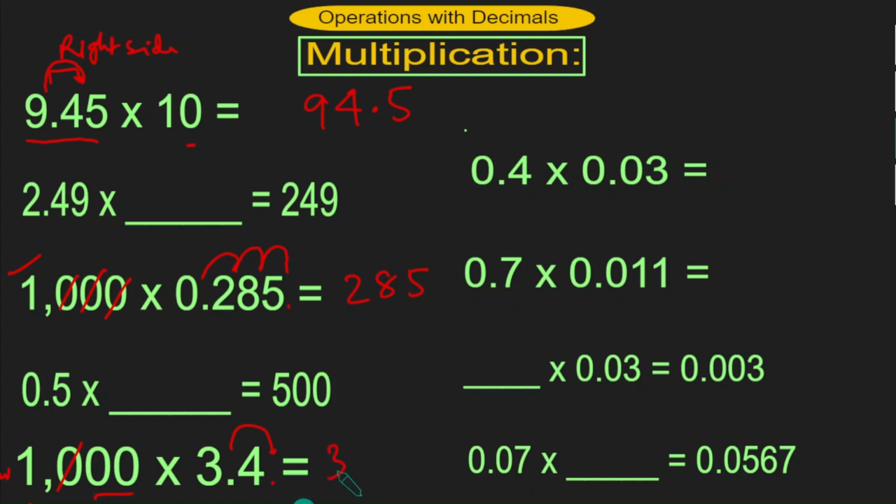So you can simply write 3400. Or another way, you can think that for one zero, we moved one place. For the second zero, we have to move another place. For the third zero, we have to move another place. For each empty place, we have to fill with zeros. So again, it will be 3, 4, 0, 0, zeros only. So this is our answer.